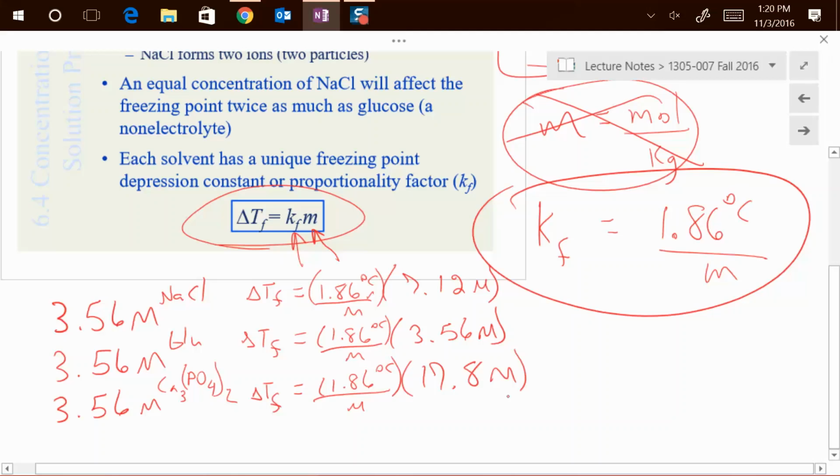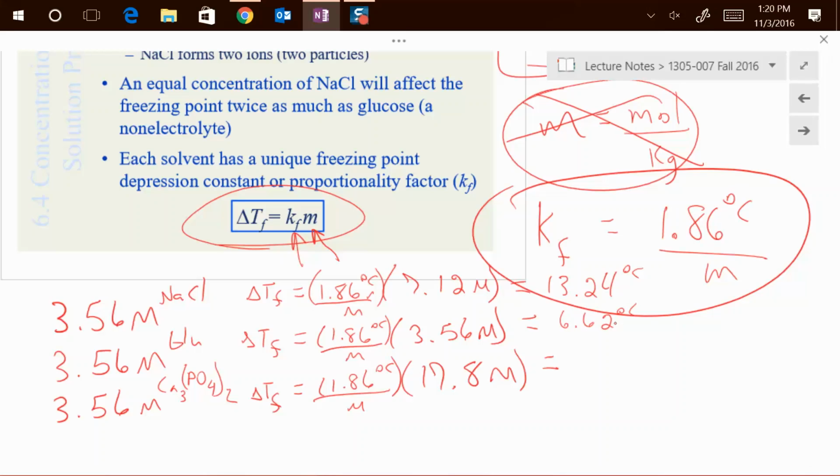Okay. So what is the change in the freezing temperature for the sodium chloride solution? 13.25. How about for the glucose? 6.62. And what about the calcium phosphate? Say it again louder.